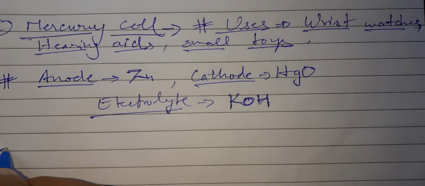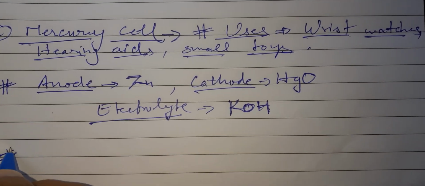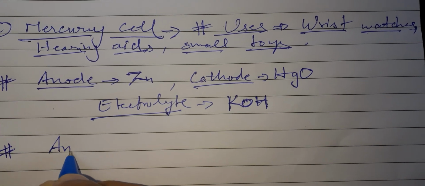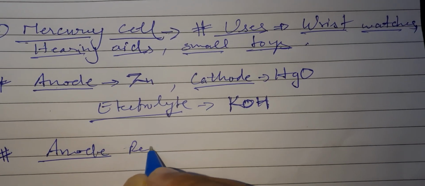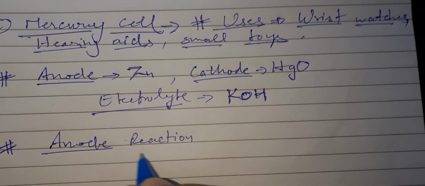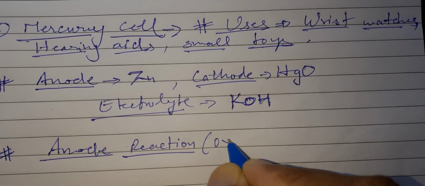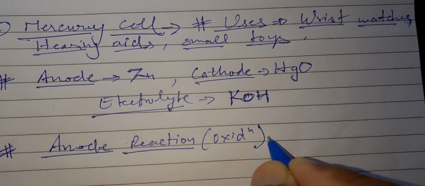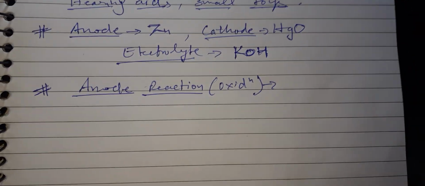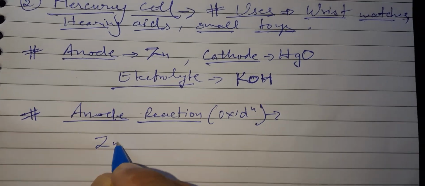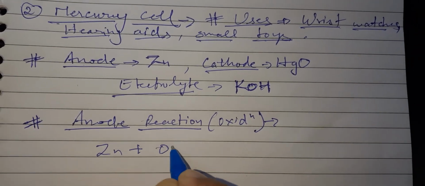Then comes, what are the reactions happening inside these cells? The most important things, commonly asked in the paper. Anode reaction. What happens at the anode of the mercury cell? Always oxidation. Zinc is oxidized.